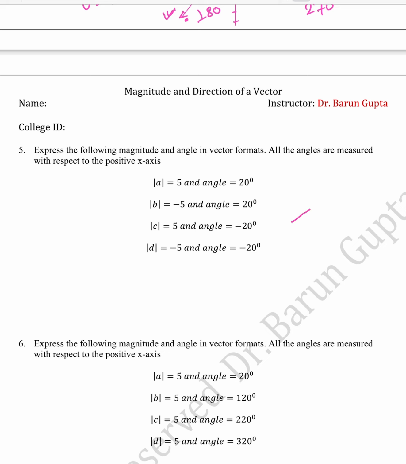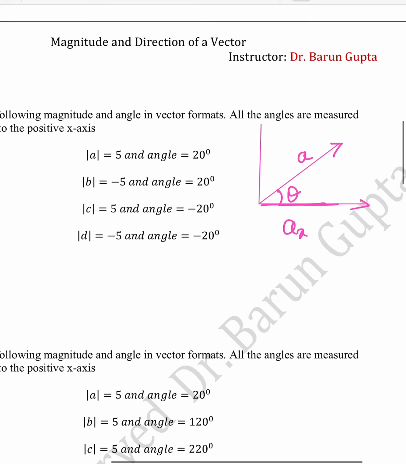If you have a vector, let's call it A vector, and this angle is given, then your x component, which we call AX, is always equal to the magnitude, which in this case let's say is 5, times cosine 20 degrees.